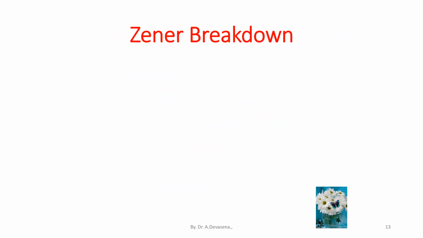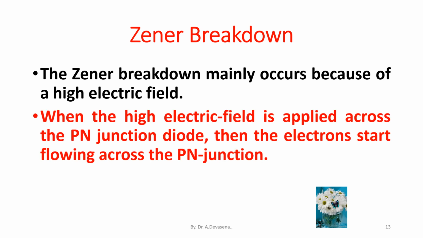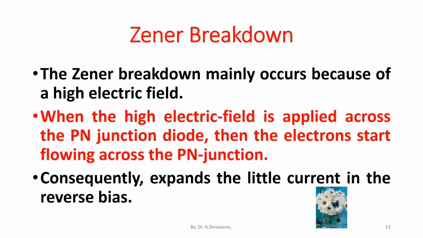Zener breakdown mainly occurs because of a high electric field. When a high electric field is applied across the PN junction diode, the electrons start flowing across the PN junction, resulting in a small current in the reverse bias.